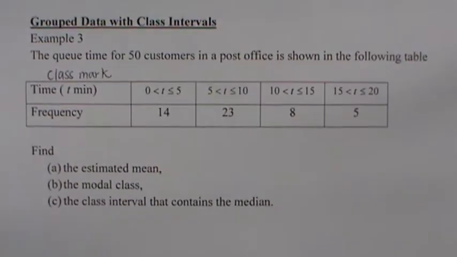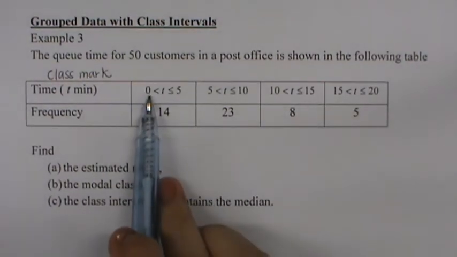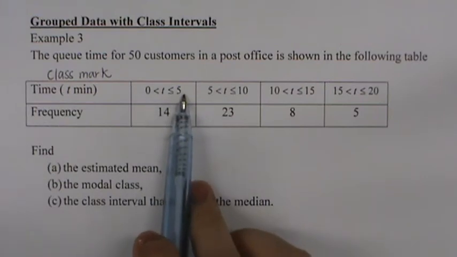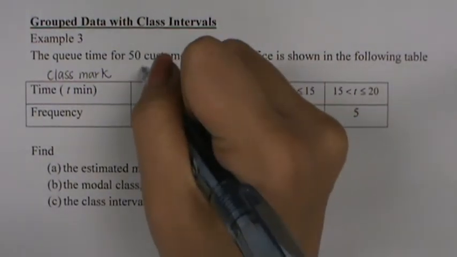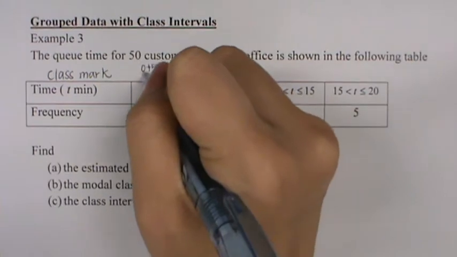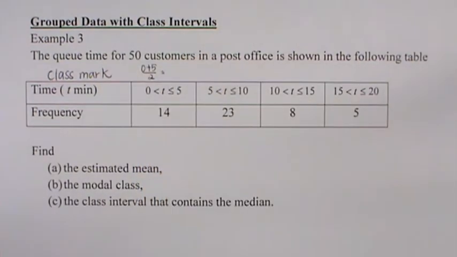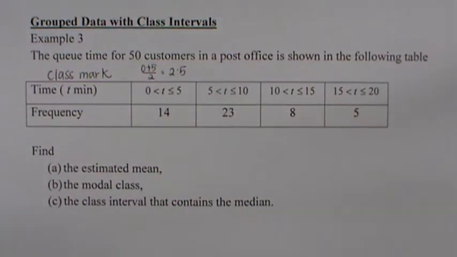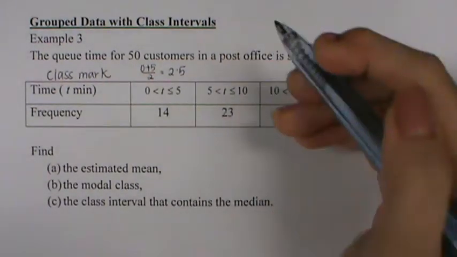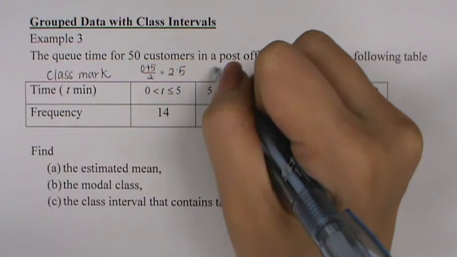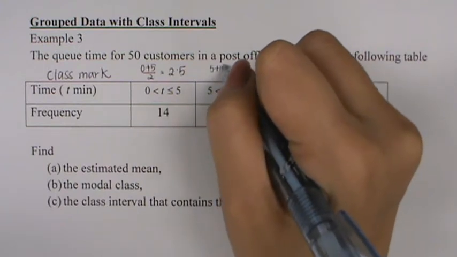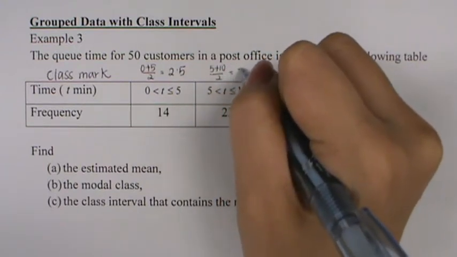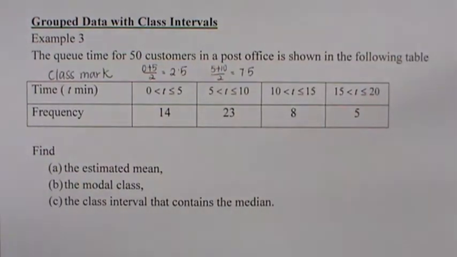The class mark is found by taking the lower class limit plus the upper class limit divided by 2. And that gives me 2.5. Similarly for the others, this class mark will become 7.5.